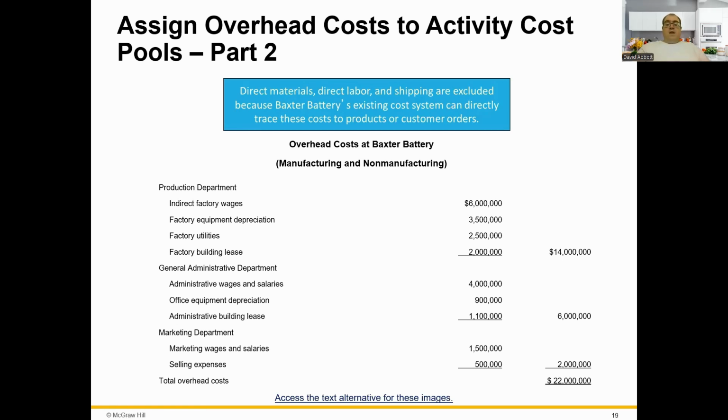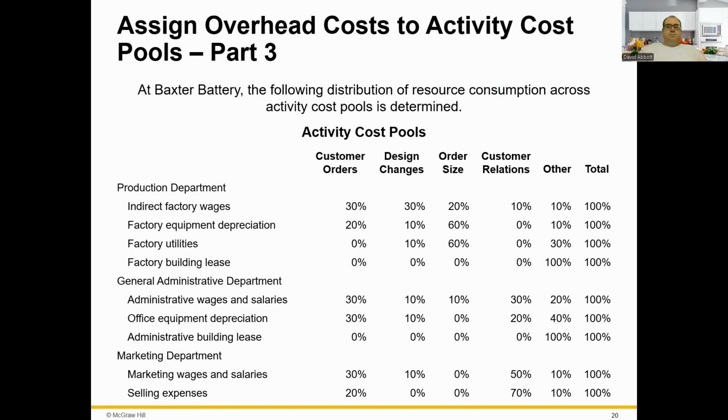Three costs included in Baxter's income statement, direct materials, direct labor, and shipping, are excluded from the slide because Baxter's existing cost system can directly trace these costs to products or customer orders. Baxter's cross-functional interviews resulted in resource allocations as shown.